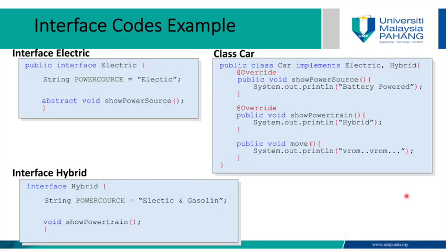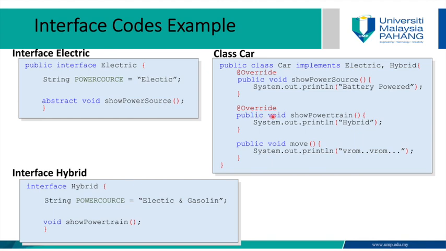So this is the example. We have interface electric and interface hybrid. Inside interface electric, there's no implementation. We declare the abstract method here, abstract void show power source, and inside interface hybrid, we declare the header for void show powertrain.